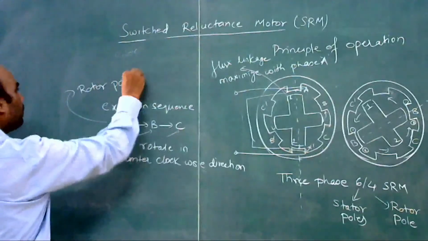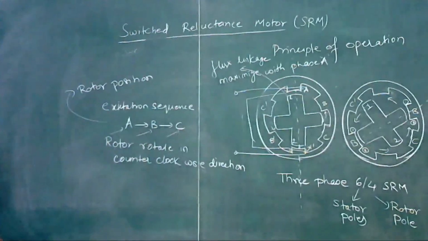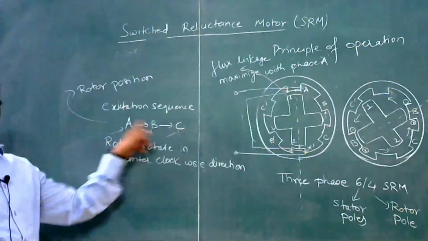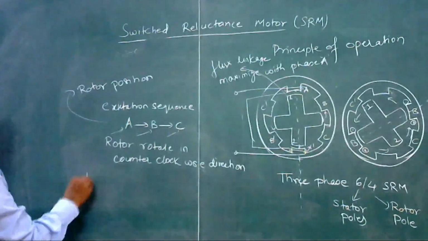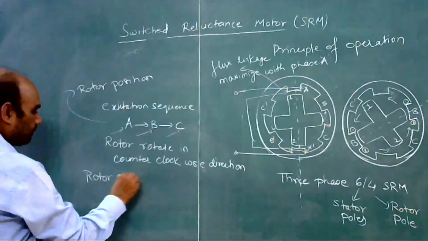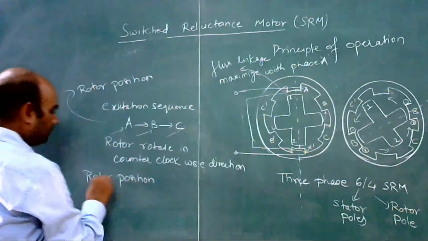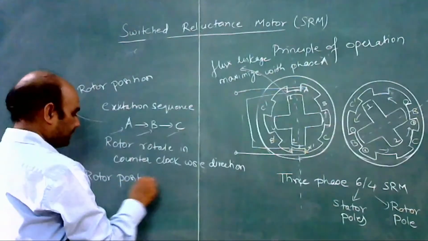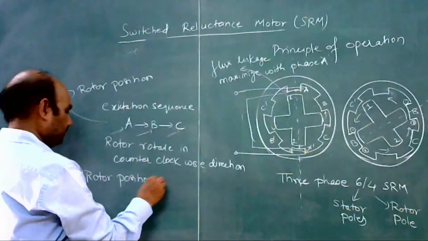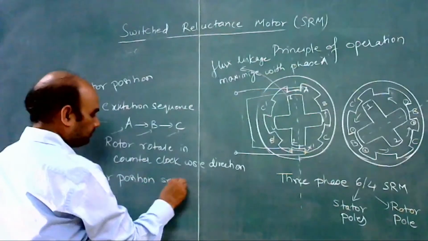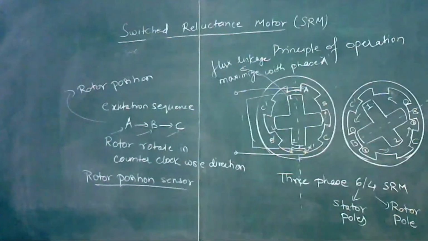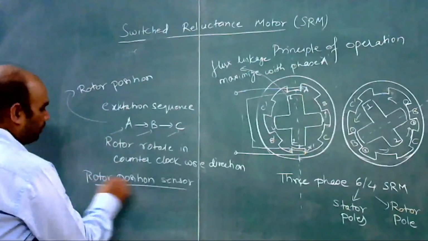So according to the rotor position, we excite phase A, phase B, and phase C. So here we require a rotor position sensor. It can be a Hall effect sensor or an electro-optical sensor.